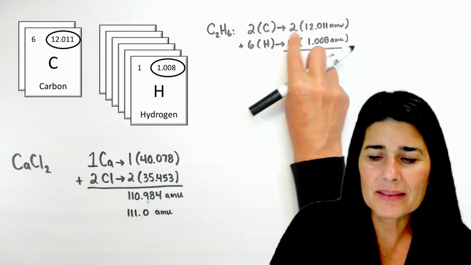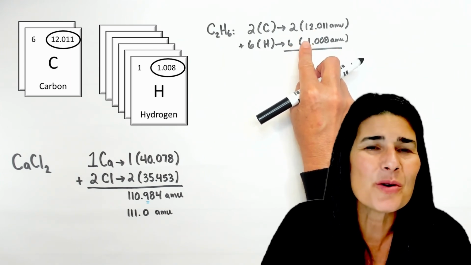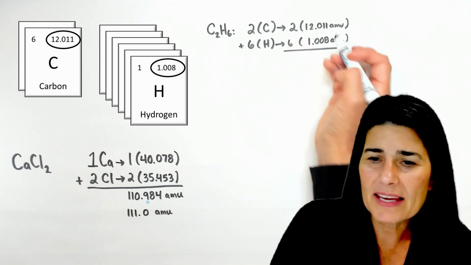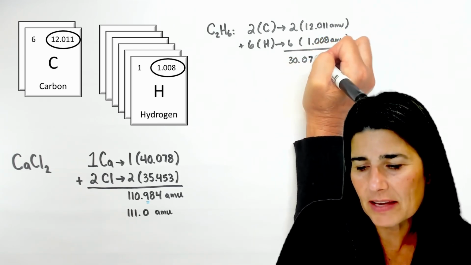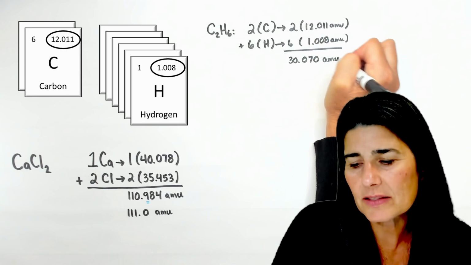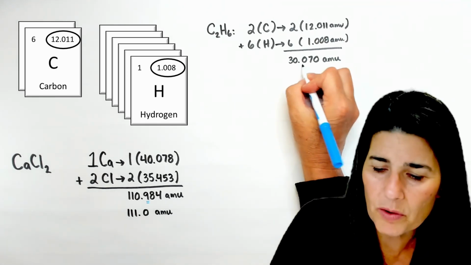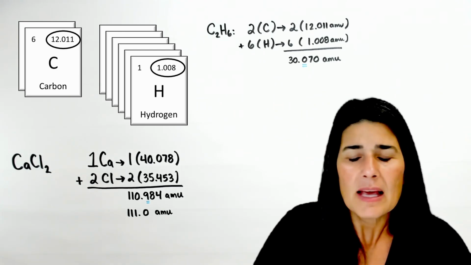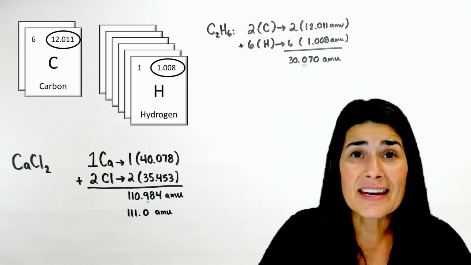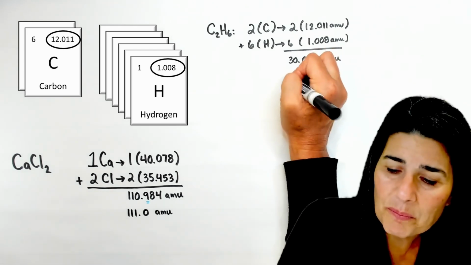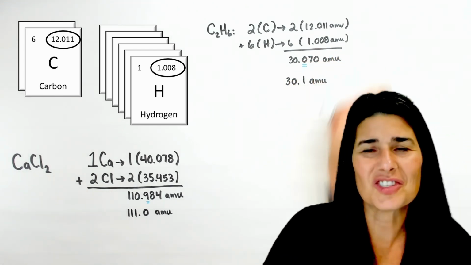If I add up, this is about 24 and about 6 more, I'm going to get about 30. If I do it on my calculator, I get 30.070 atomic mass units. Now, if I round this to 1 decimal point, I notice that beyond the 0 is a 7. I'm going to round up, and I'm going to report my answer as 30.1 atomic mass units.